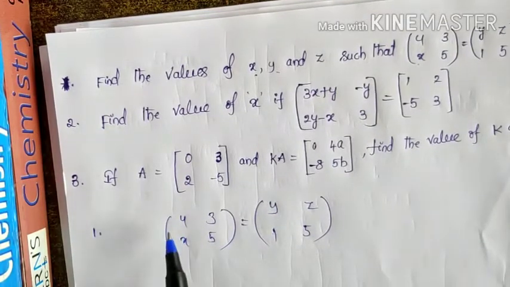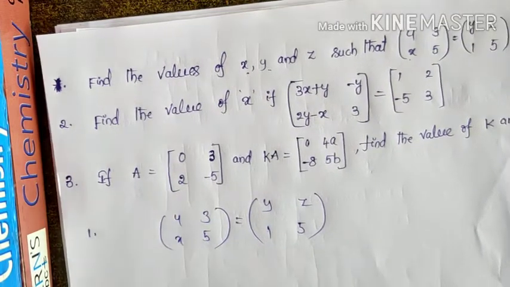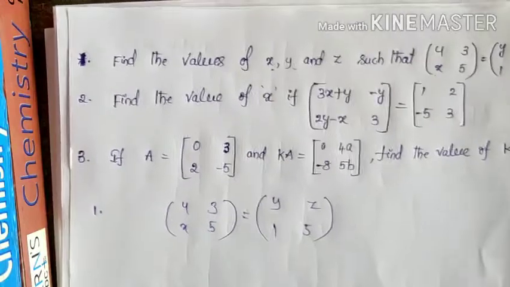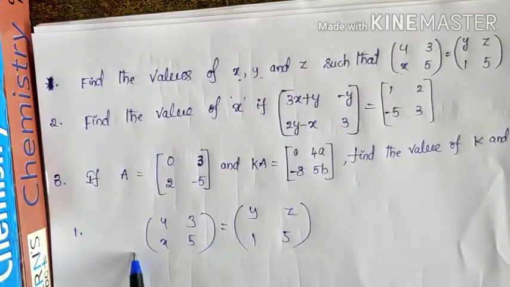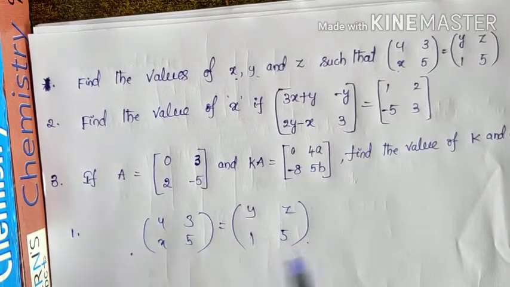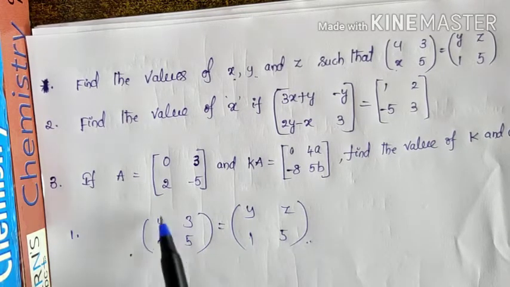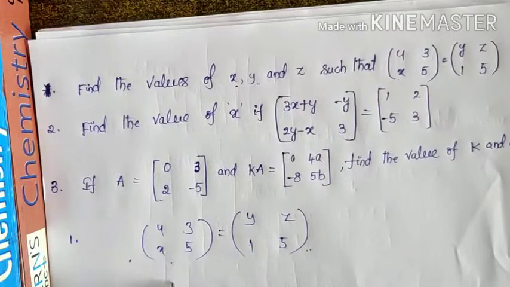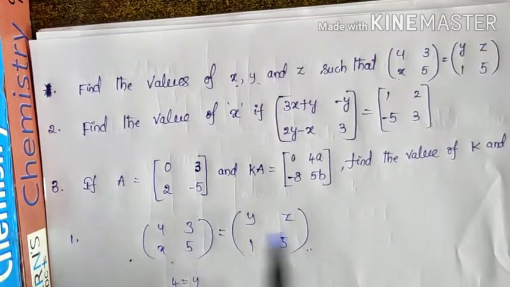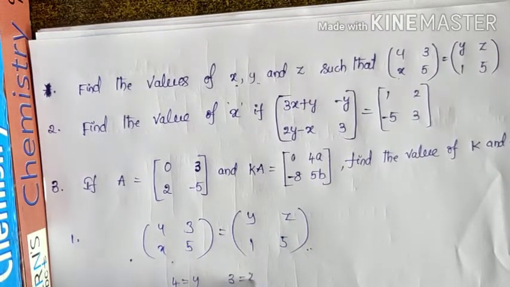The condition is that both have the same size. Here it is a 2 by 2 matrix and it is also a 2 by 2 matrix. The first condition is satisfied and the corresponding elements are equal. So 4 is equal to y and 3 is equal to z, right?